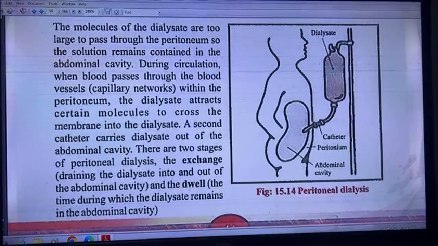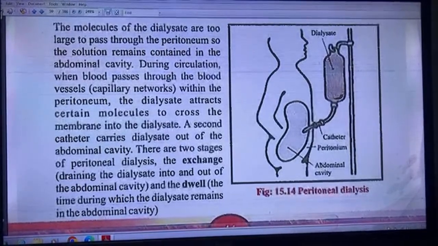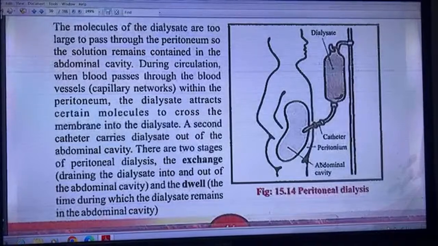A second catheter carries dialysate out of the abdominal cavity. There are two stages of peritoneal dialysis: the exchange, draining of dialysate into and out of the abdominal cavity, and the dwell, the time during which the dialysate remains in the abdominal cavity.